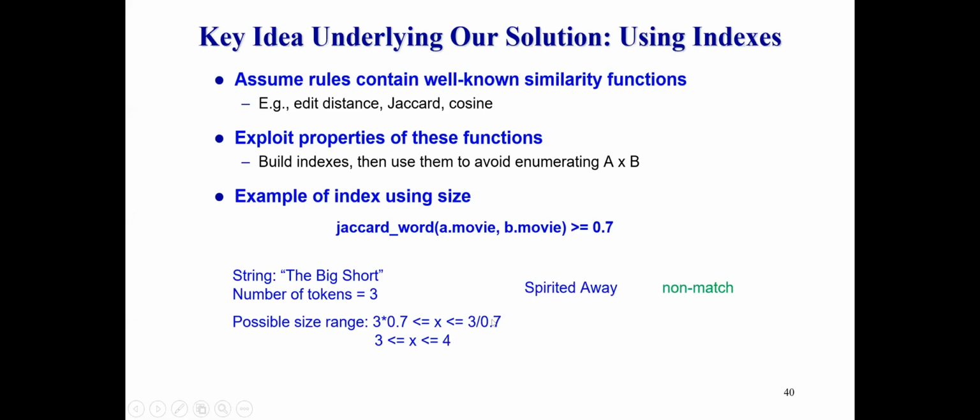So if I have this string over here, the length is only 2, I know right away that there's no way it would survive this blocking rule together with "the big short". If I have the second string like this, the length is 3, then it's possible. So I could pair it with "the big short" and then evaluate this rule on top of that. This gives us an idea on how to use an index on length to speed up this process.